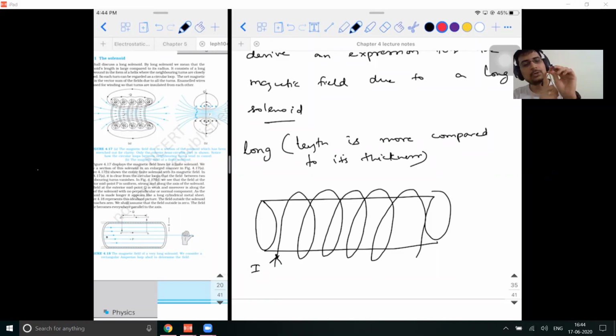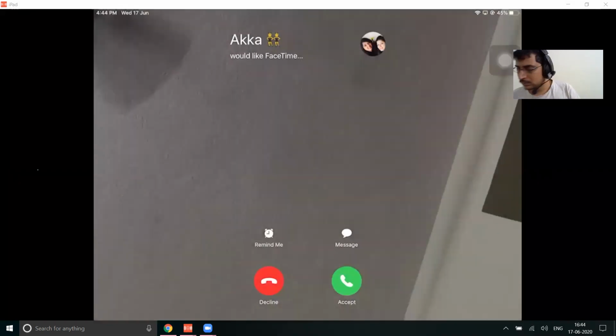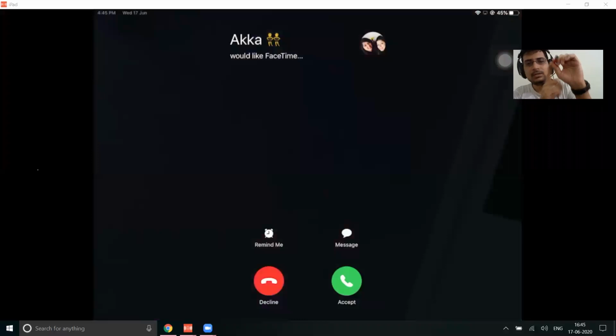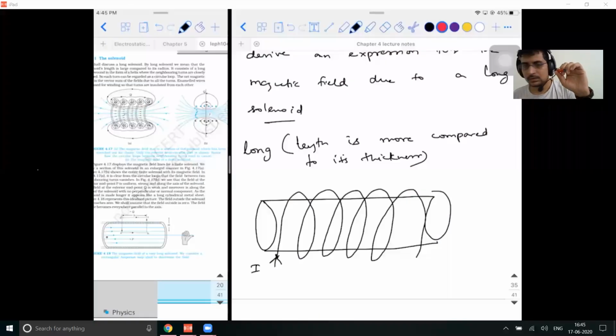So when I take the solenoid, when the wire is like this, when I take the wire like this, right? So when the wire is taken in this way, the current at the top is going into the plane and the current at the bottom will come out of the plane, right? The current is going to be into the plane and current will come out of the plane.